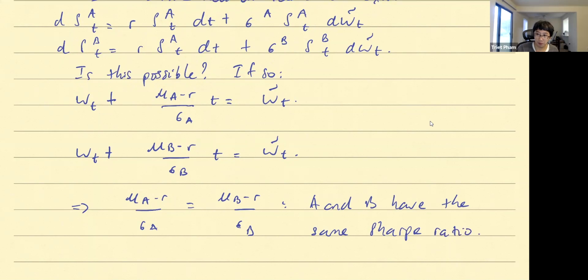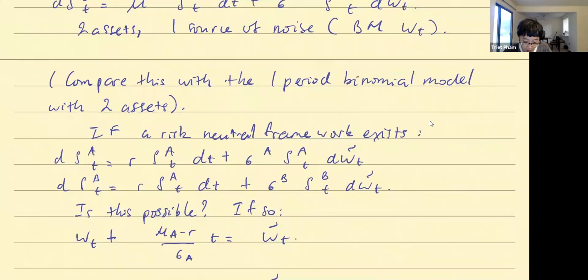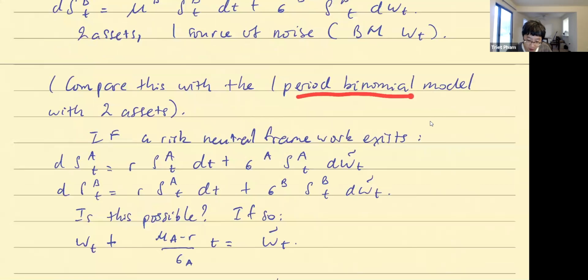Now, if you look back into the one period binomial model, it's not that we say that with two assets, risk neutral probability always does not exist. We didn't say that. If you revisit that situation, you see that these two assets must somehow be compatible in a certain way. The U1, U2, and D1, D2 must have the same proportion.